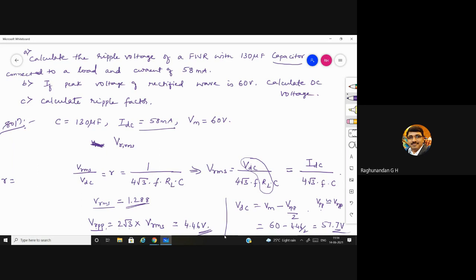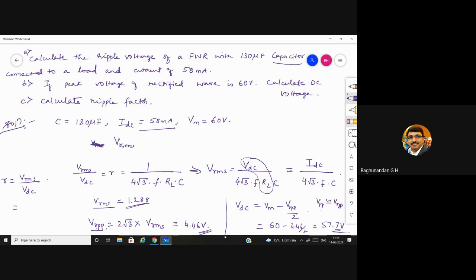So obviously you have to go with VRMS by VDC. If they have given the load resistance value, then you can use the other one directly.